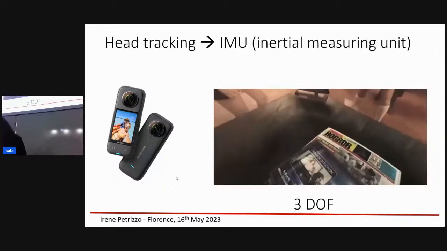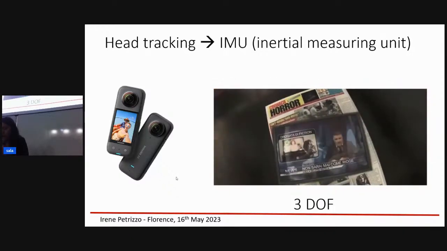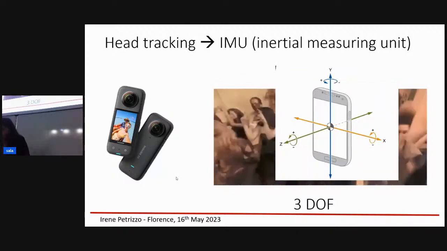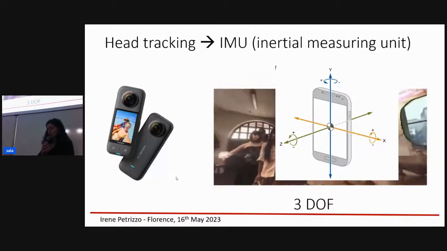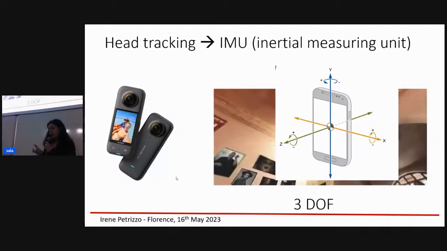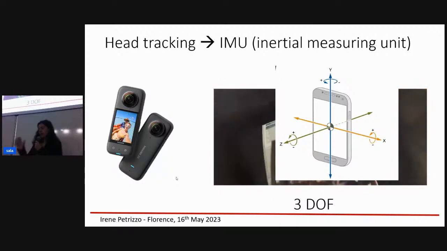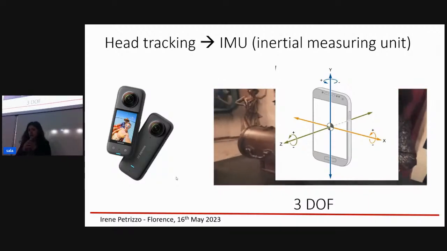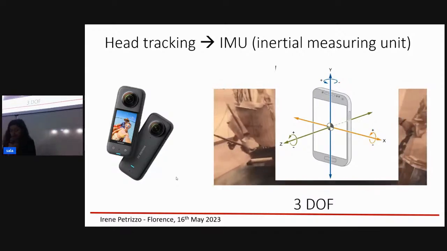And these inertial measuring units are now equipped in any device. So every smartphone has this inertial measuring unit that is a combination of an accelerometer, a gyroscope, and a magnetometer that allows to track the position of the device on the X, Y, and Z axis.